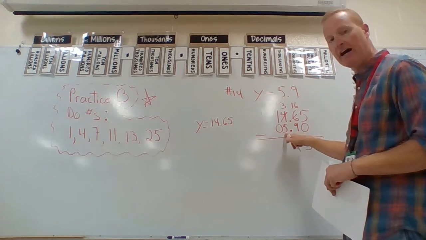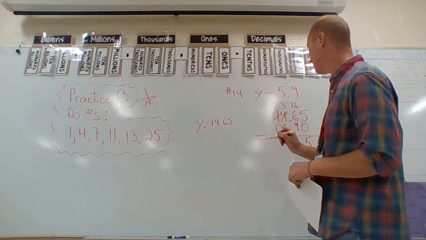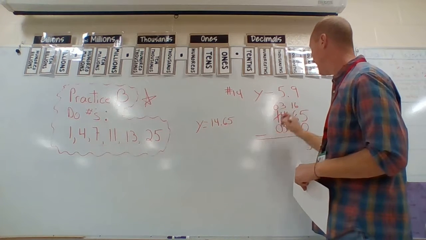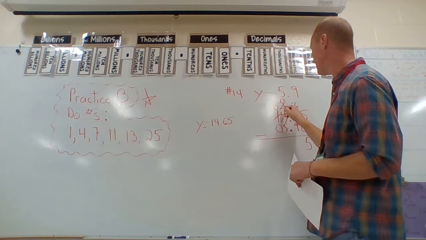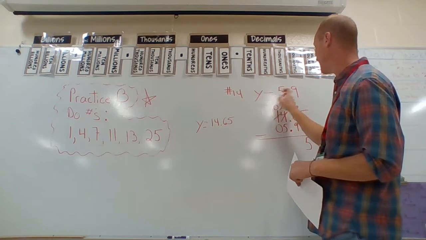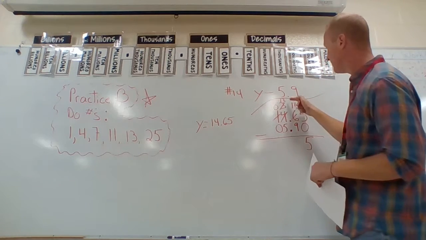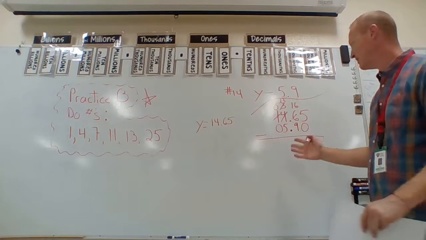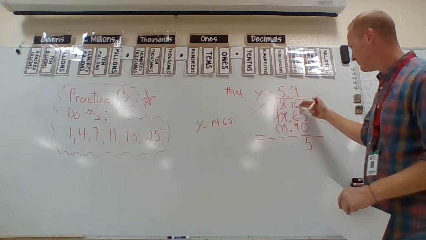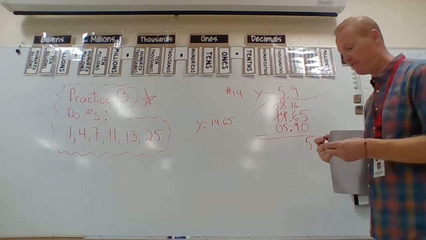We can't take 5 away from 3, so we need to keep borrowing. And I'll borrow from this 1, make it a 0, and turn this 3 into a 13 because I'm adding 10 to 3. Sorry, this is kind of getting in the way, but you see it. 13 up here. So now I have everybody ready to go to complete the problem. 16 minus 9, if you don't know that, we can count up from 9.